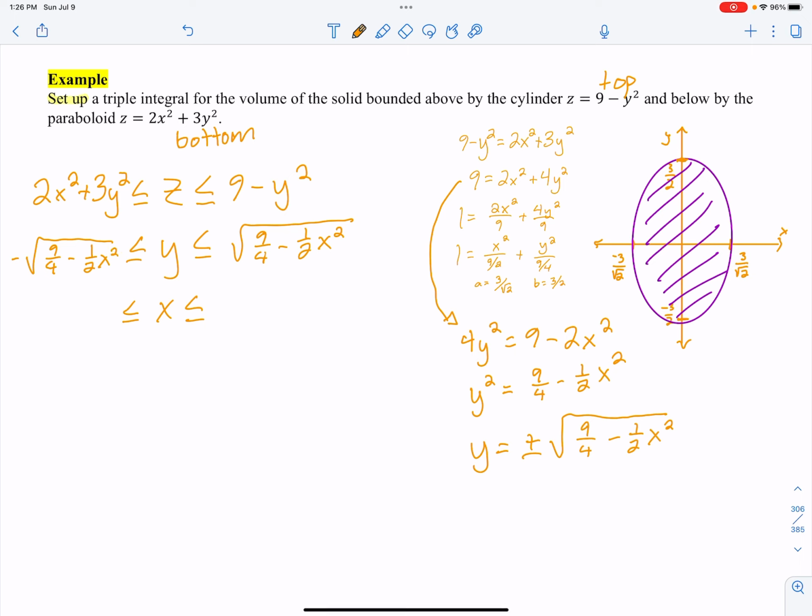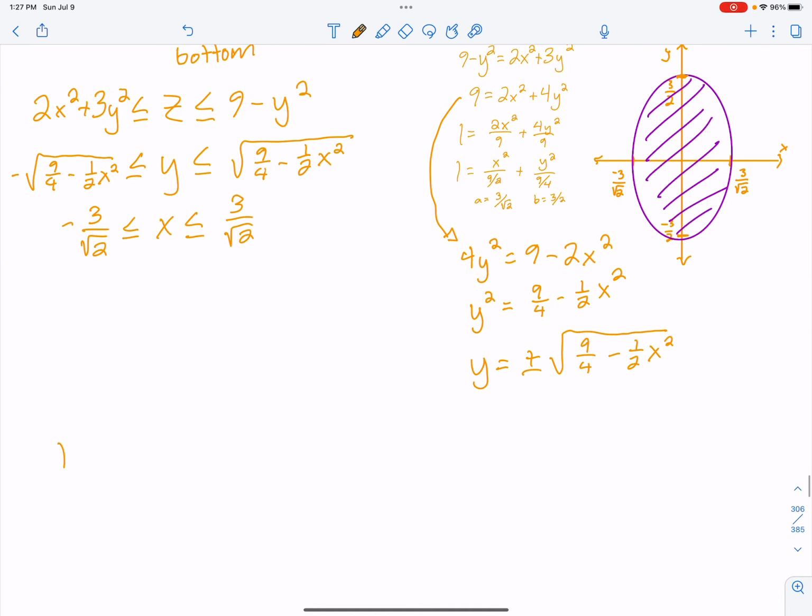And then x, if I look at my graph over there, it's bounded between that and the positive of that same thing. All right, let's set up our integral. We have everything we need there now. X is caught between negative 3 over radical 2 and positive of that same thing. I found when I write my integrals like this, it feels a little neater, and when I'm looking back, I can really tell what's going on.